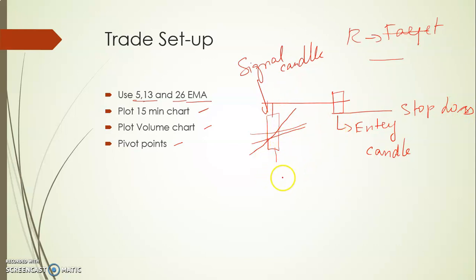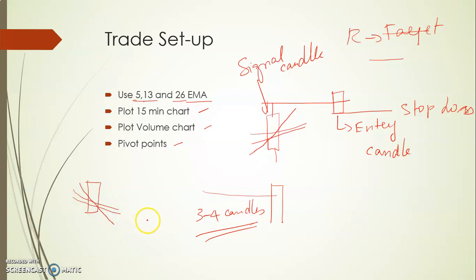For double confirmation, you can check the volume, which should be higher than the last 3 to 4 candles. So that is one more confirmation to proceed on the call. Similarly for the sell side, so this is the candle, and here the 26 moving average and 13 moving average, and then the 5 period moving average breaks them on the downside, then this is called the signal candle.